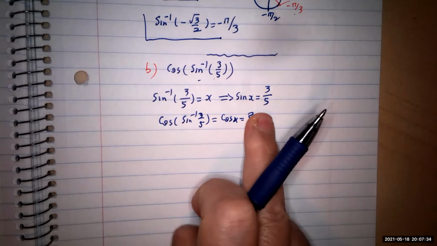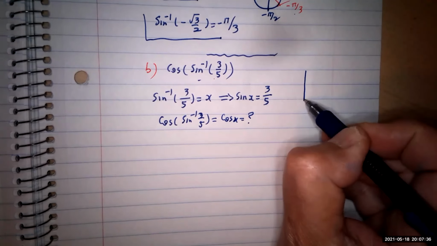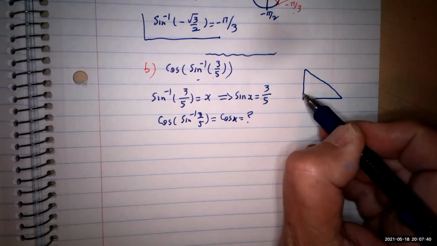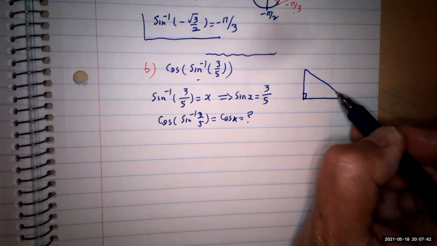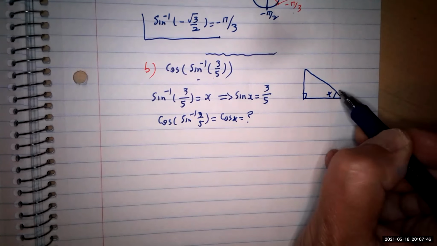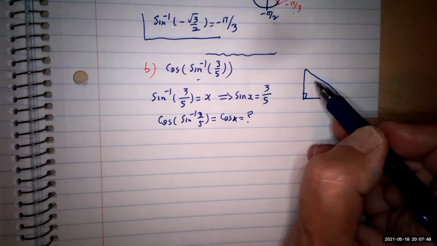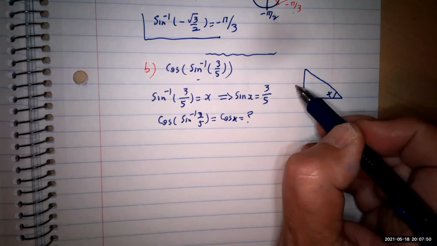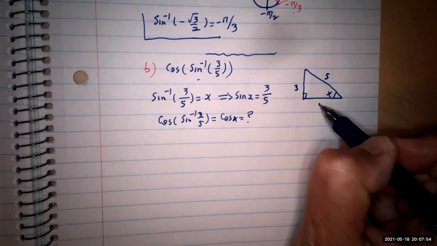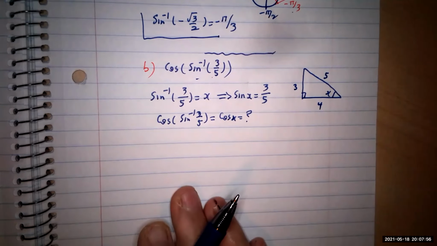So you are going to use the right triangle. When it's a positive, we don't have anything to worry about. So this is going to be your angle x. You have the sine. The sine is going to be the opposite side over the hypotenuse. And this is going to be 4. And you want to find the cosine.